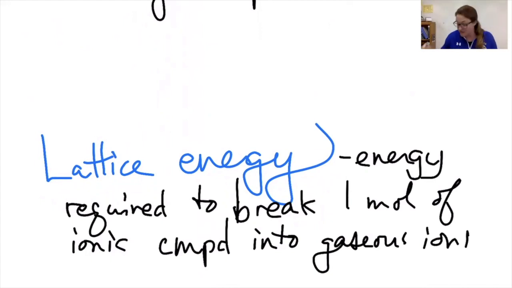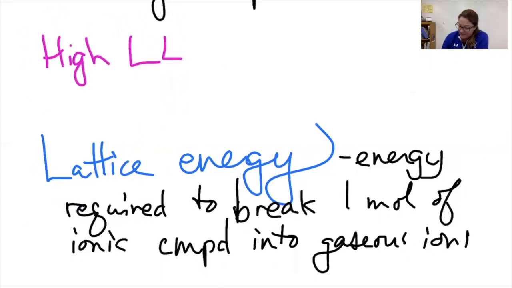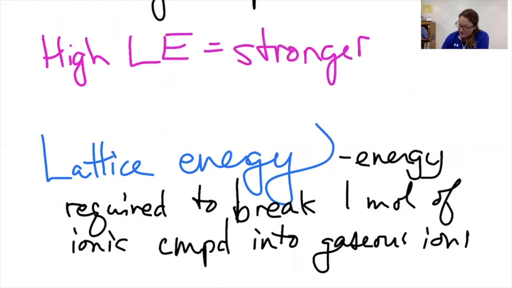So in other words, if I have a high lattice energy, it's really hard to separate these atoms from each other. So this is, in effect, a measurement of how strong the ionic bond is. A high lattice energy is going to give me a stronger ionic bond.